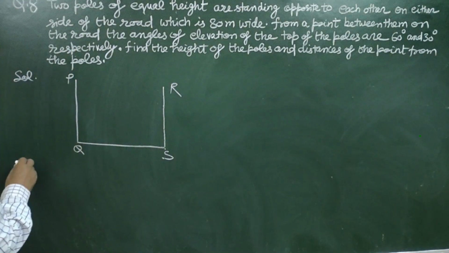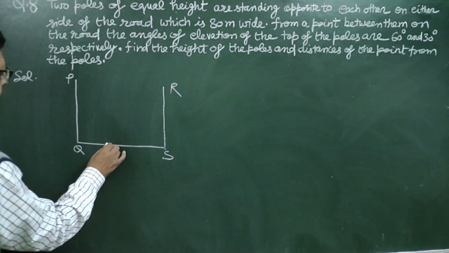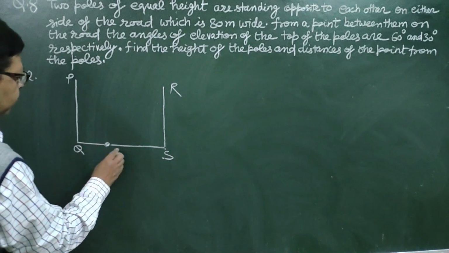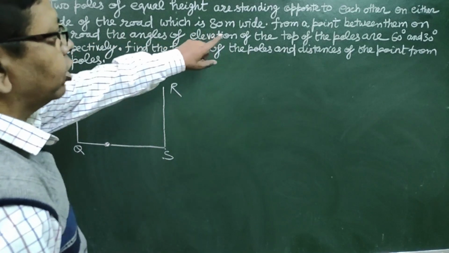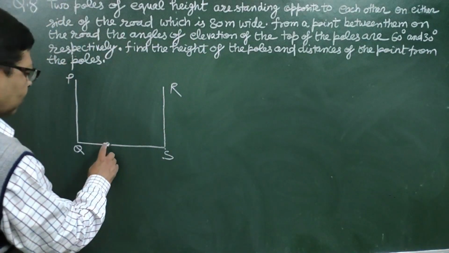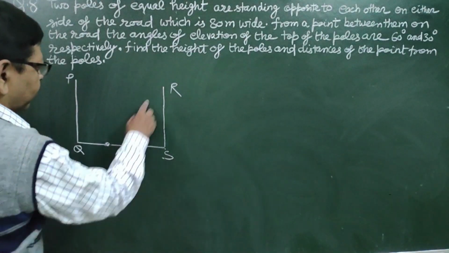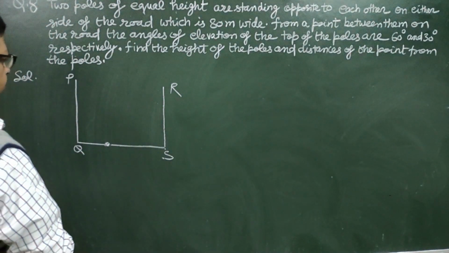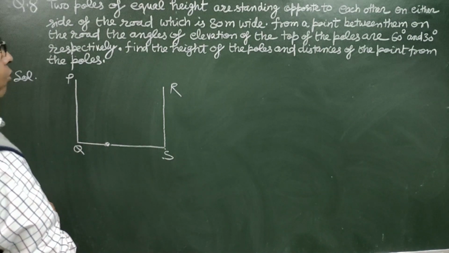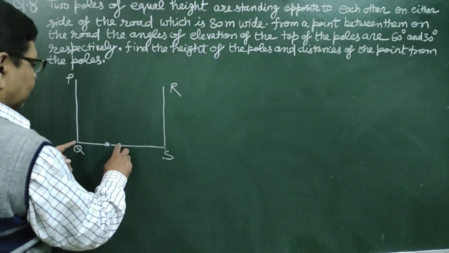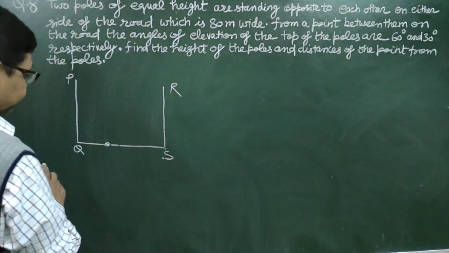Let the height of the poles be, before that let us consider a point between these poles, and the language is from a point between them. It is not given that this is the midpoint. If you take the midpoint, then the angle of elevation must be same. But in this case, the angles of elevation are different. That is, the point is not the midpoint. It is between Q and S somewhere.